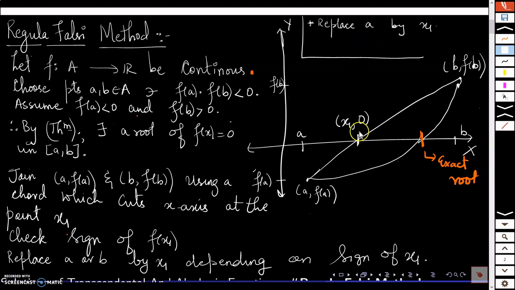Now the interval a comma b which was there initially has reduced to the interval x1 comma b. Then this point is nothing but x1 comma f of x1. So f of x1 will be somewhere here on the graph. So what I will do again is join the points x1 comma f of x1 and b comma f of b by a chord.